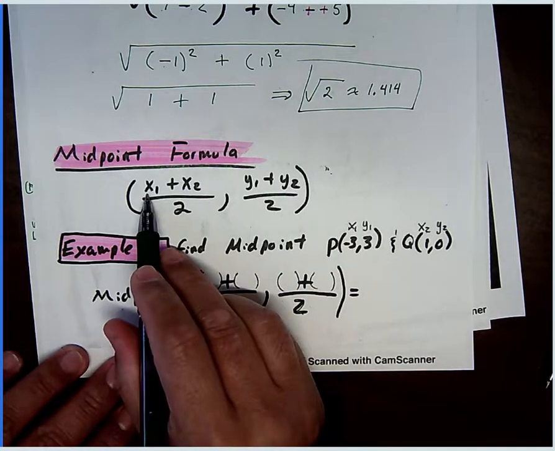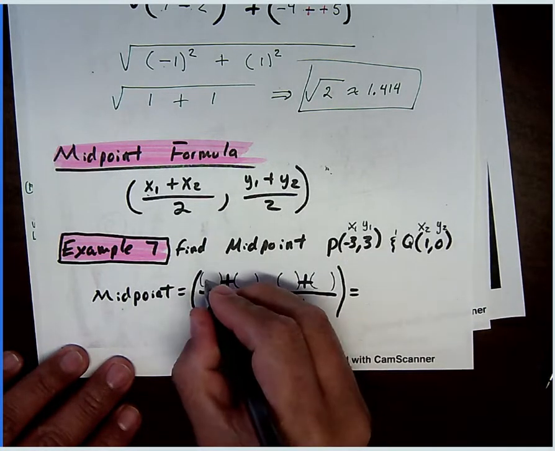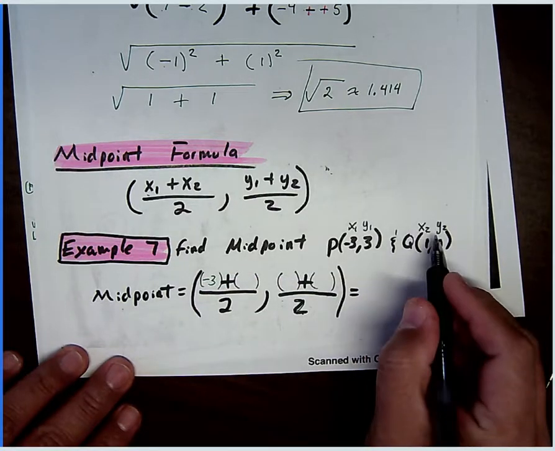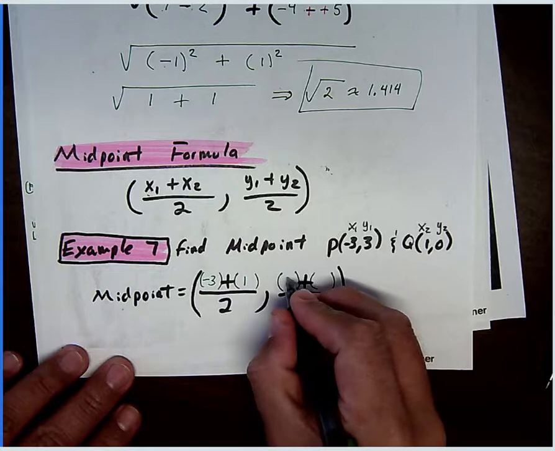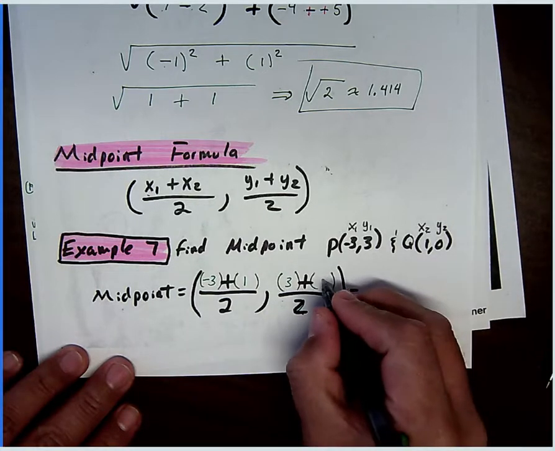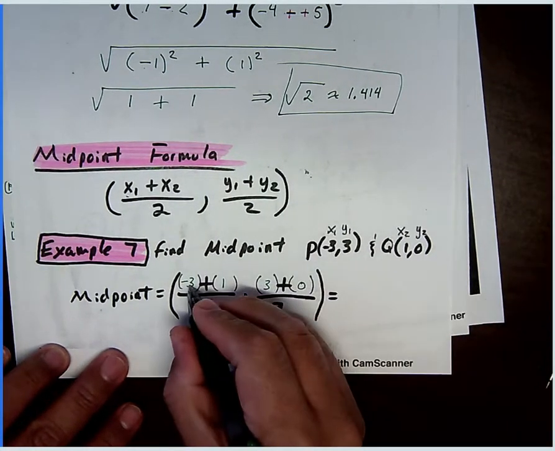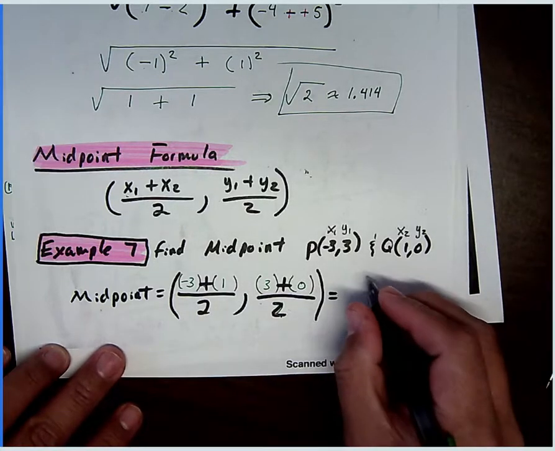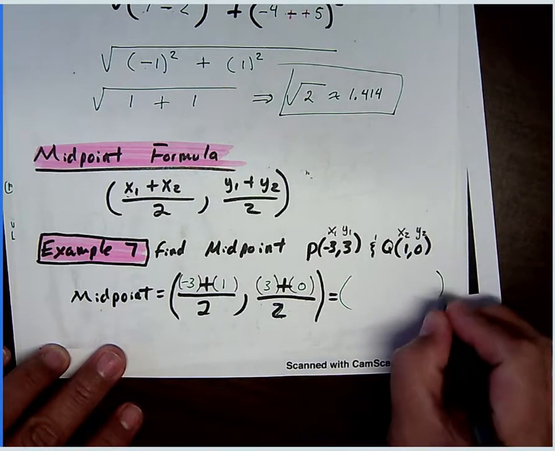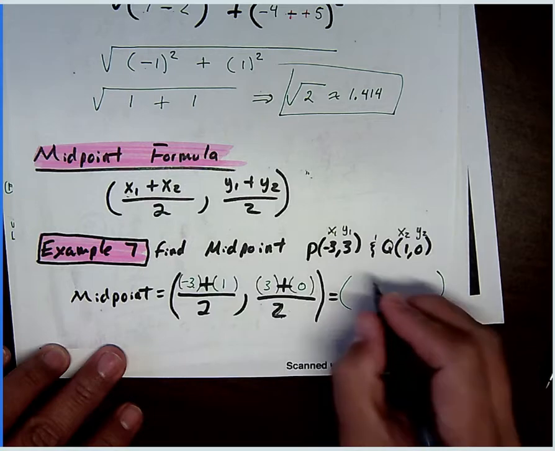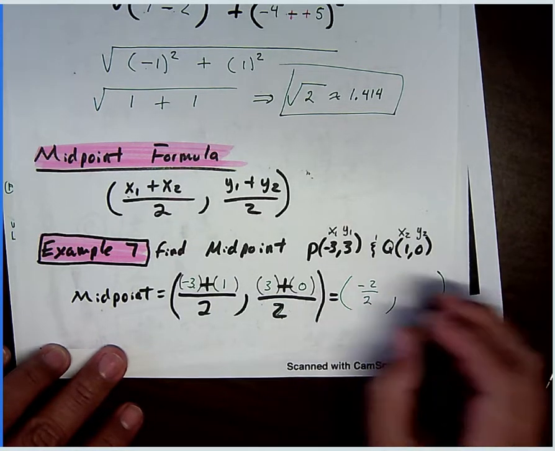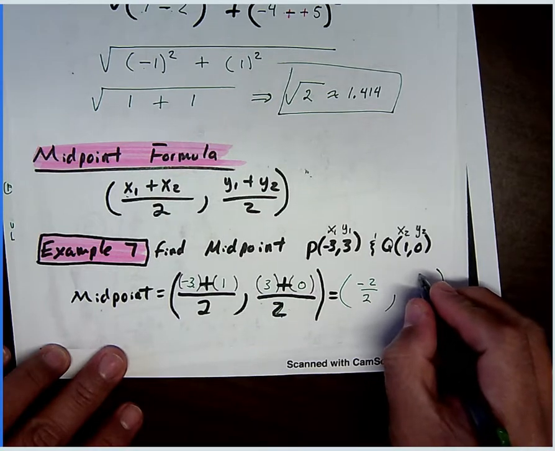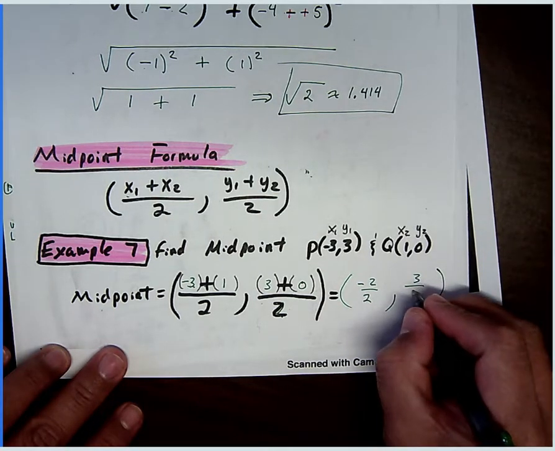So x1 plus x2. So x1 is -3 plus x2 is +1, and then y1 would be 3 and y2 would be 0. So -3 plus 1 would be -2 over 2, and then 3 plus 0 would be 3 over 2.